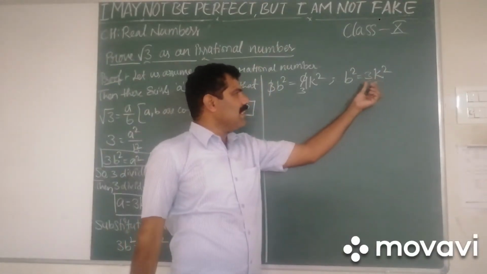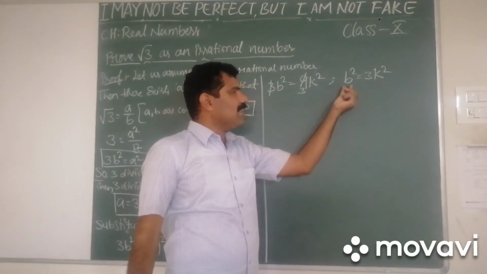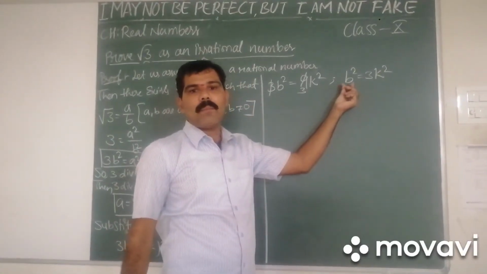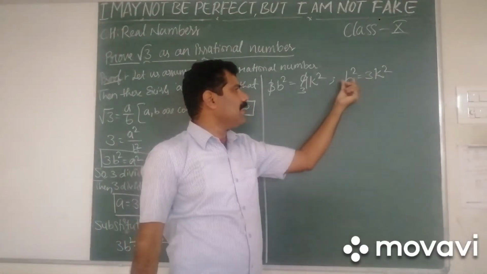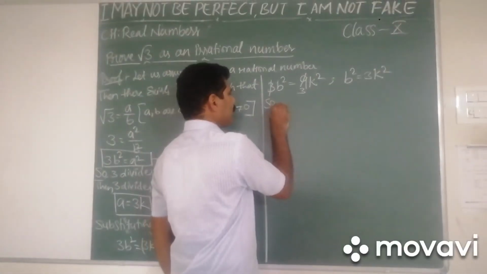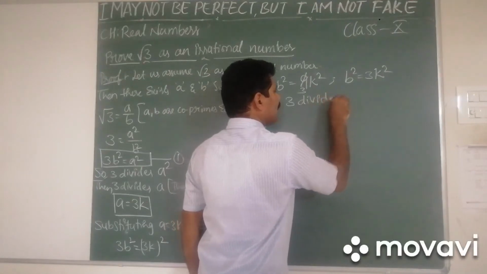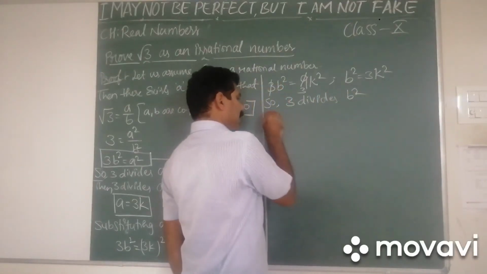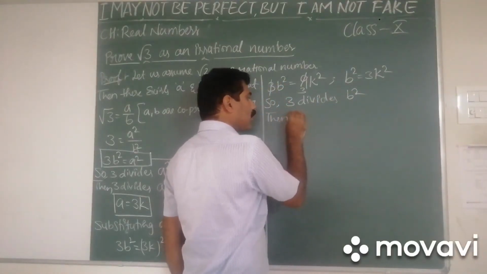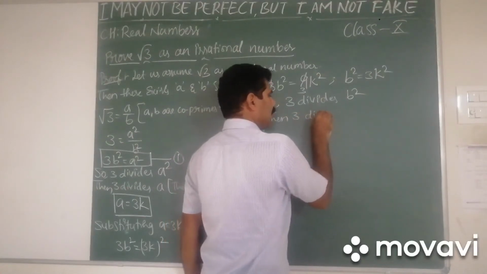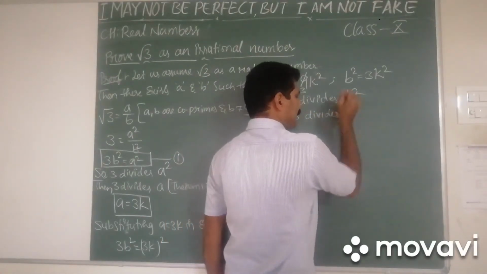If I take this 3 to the other side, that is nothing but 3 divides b square, isn't it? So 3 divides b square. If 3 divides b square, then it also divides b.